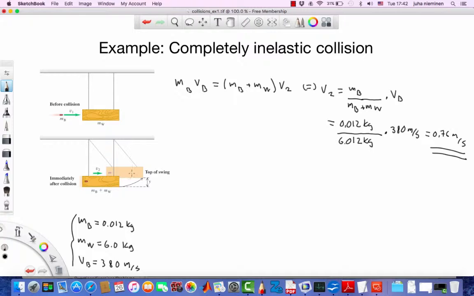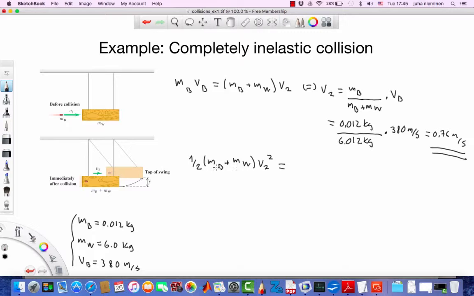So we cannot use that. But fortunately, the conservation of energy is enough to solve this problem. So initially, we only have the kinetic energy of the bullet and the wooden block, and they have the velocity v2 as we just calculated.